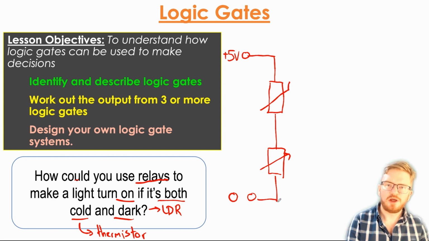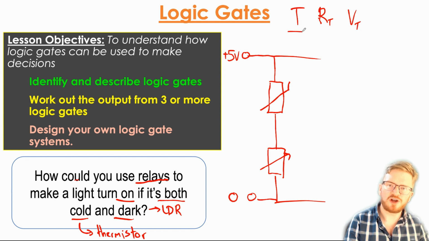Now, when I look at this circuit, I need to think what will happen as this gets cold. So I'm interested in the temperature, and I'm interested in the resistance of the thermistor, and I'm interested in the voltage across the thermistor. So, when the temperature goes up, the resistance across the thermistor will drop. Because the resistance of the thermistor drops, the voltage across it will drop. When the temperature gets cold, the resistance goes up, so the voltage goes up.